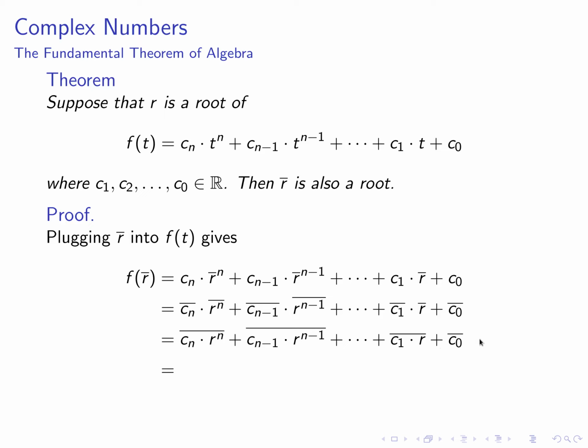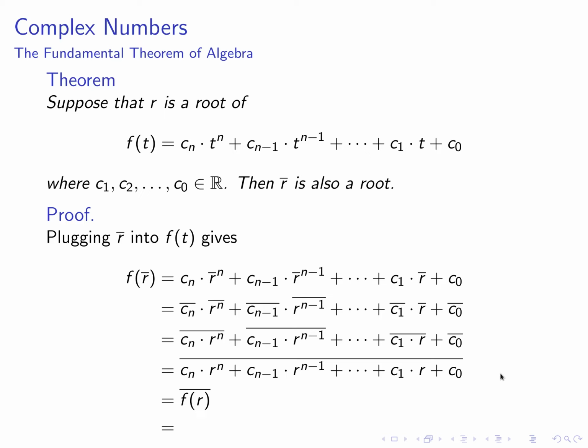And another thing we said about conjugation is that it's additive, meaning since we're adding a bunch of conjugates here, that's the same thing as just conjugating the entire expression. And now if we look at everything under this line, we're looking at c sub n times r to the n plus c sub n minus 1 times r to the n minus 1, and we keep going until we get to c sub 1 times r plus c sub 0.